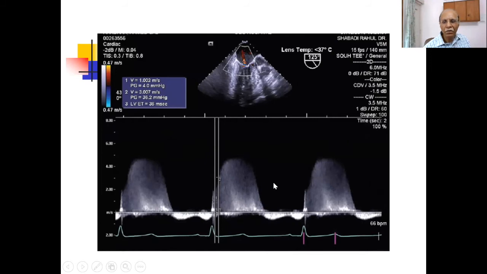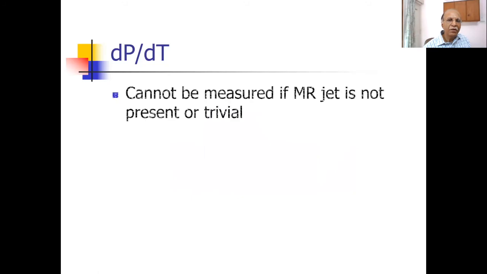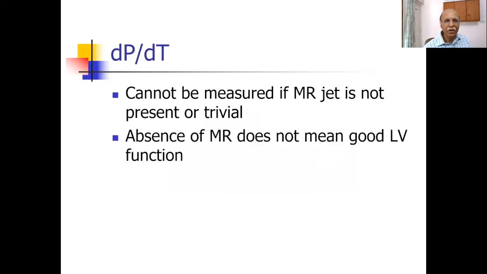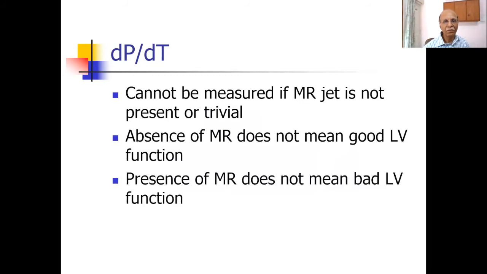For measuring the dP/dt, you must have the presence of mitral regurgitation, and if it is not present, you cannot measure it. Absence of MR does not mean good LV function, and also remember that presence of MR does not mean bad LV function. All it means is that you will be overestimating the LV systolic function.